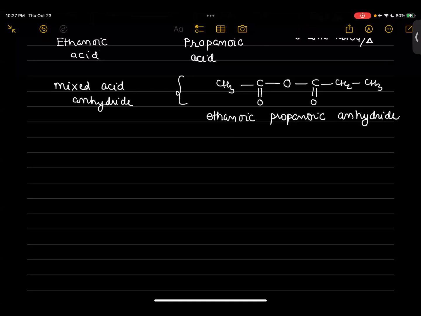Which has the fruity smell, you might be aware of it from class 10th, it has a very good, fruity smell. Okay, that is carboxylic acid esters, or simply I can write them as esters. Is it clear?